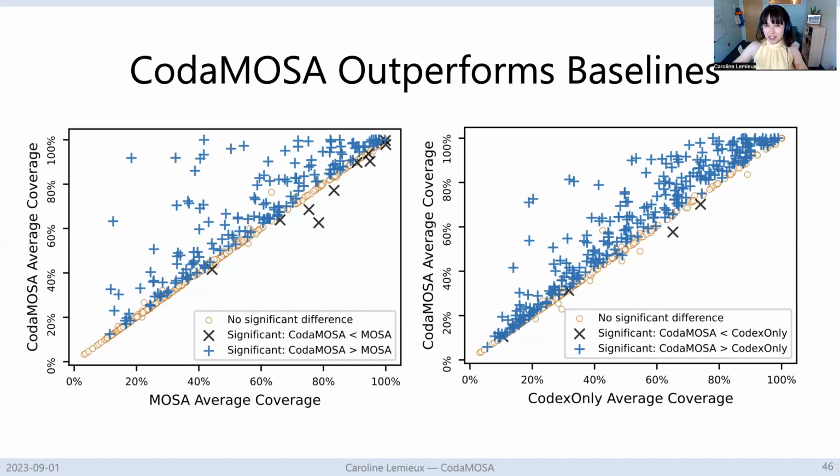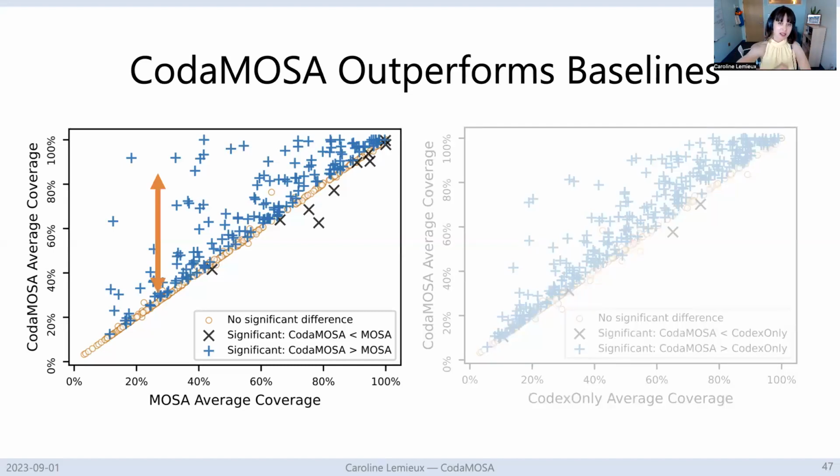But actually, it's interesting, the distribution of the crosses is a bit different compared to the different baselines. So for instance, on the MOSA baseline, so that's the search-based software testing only, we see larger increases in coverage, meaning that maybe the test cases that are unlocked by Codex help us achieve much higher coverage because they're unlocking new behavior.